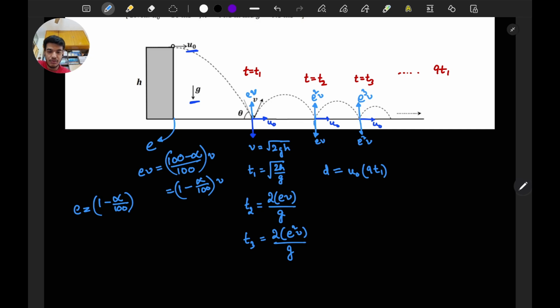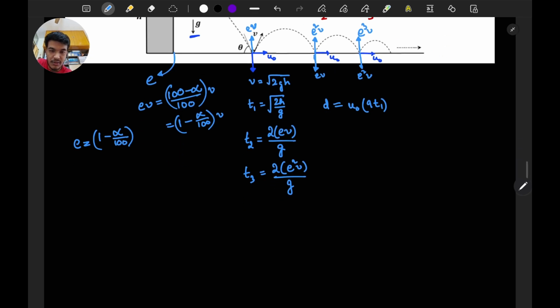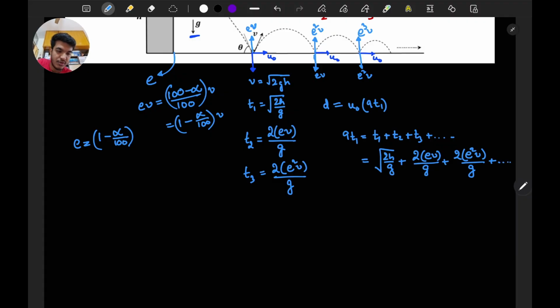So if I try to sum all this up, 9t1 would be equal to the sum of t1 plus t2 plus t3 plus so on. This would be equal to under root 2h by g plus 2ev by g plus 2e square v by g plus dot dot dot.